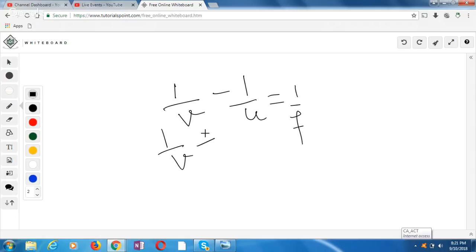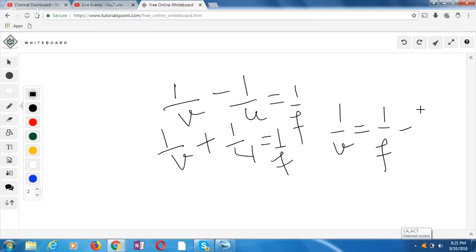This becomes 1 by V plus 1 by U is equal to 1 by F. Now 1 by V is equal to 1 by F minus 1 by U.